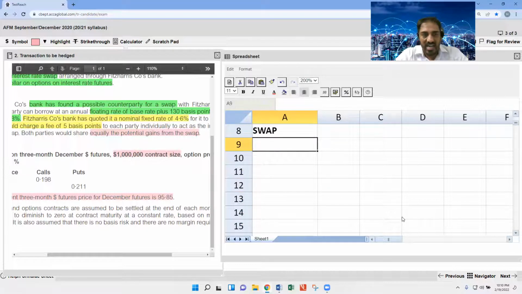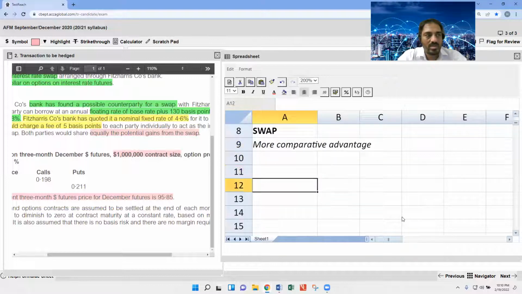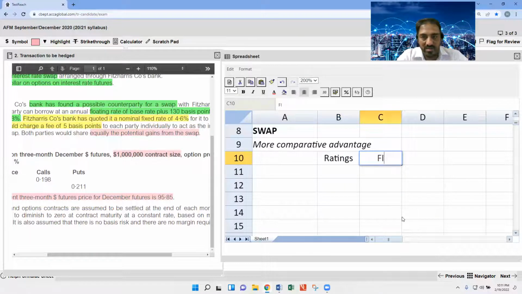First of all, we have to determine the more comparative advantage. Number one, ratings, fixed rate, floating rate.